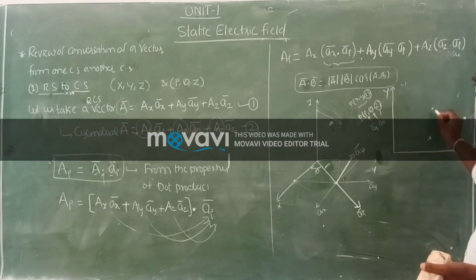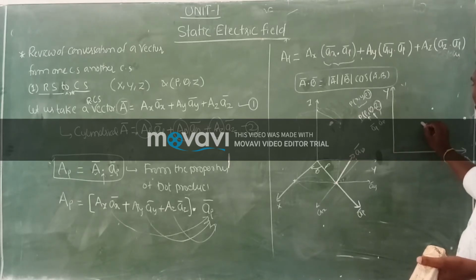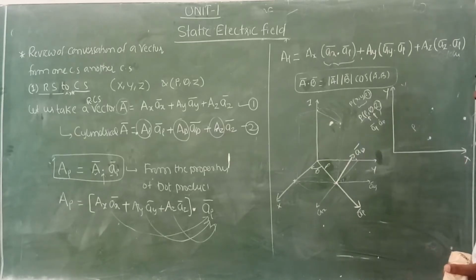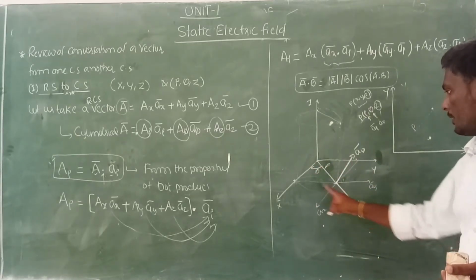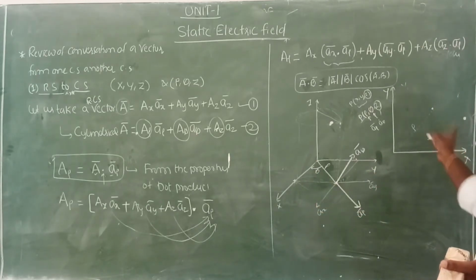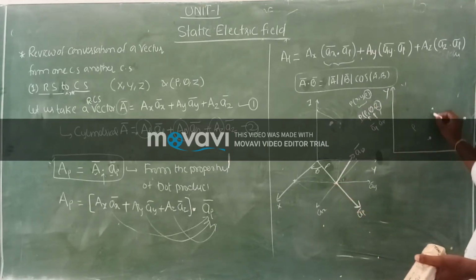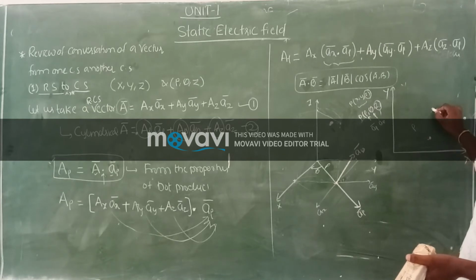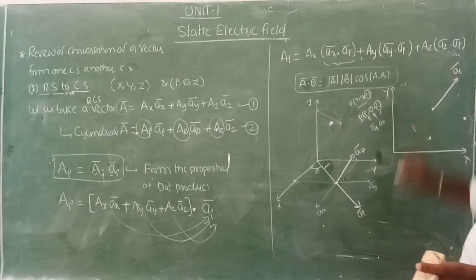So this point is at a small rho distance from the origin, like this. See, this line is in between the x and y axes, so this is the mid line, mid point. And where is your A rho bar? A rho bar is in this direction. This is your A rho bar.